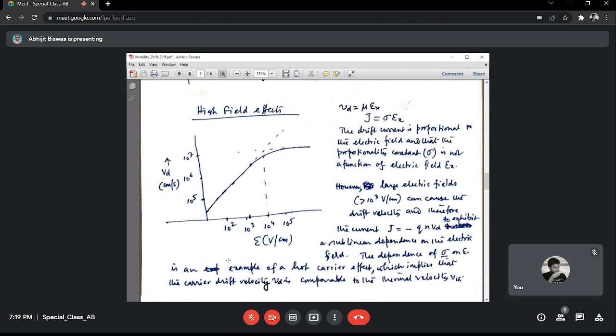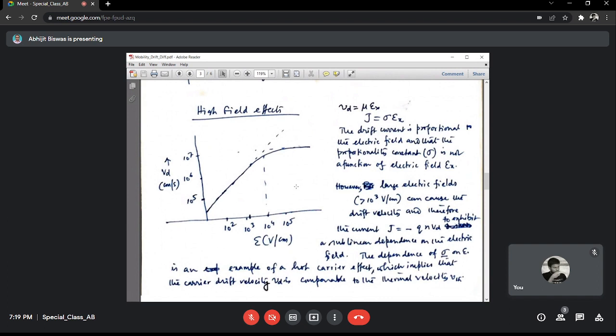For low values of electric field, Vd is almost proportional to electric field. That is why you see here the linear relationship, meaning Vd increases linearly with electric field, and after some value of E, the relationship becomes sublinear.